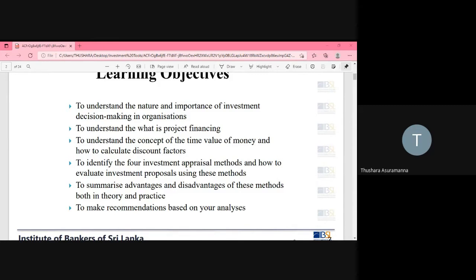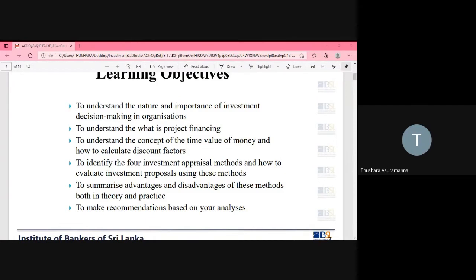Or you can think about purchasing a tea factory, or maybe tea bare land, and then you think about analysis to conduct a tea manufacturing business. So you might first analyze what type of investment you are going to do, whether to do it or not. For that, yes, you need to do some kind of analysis.